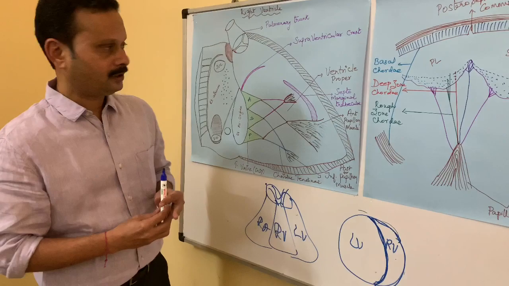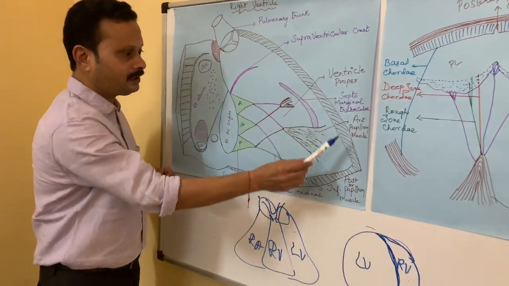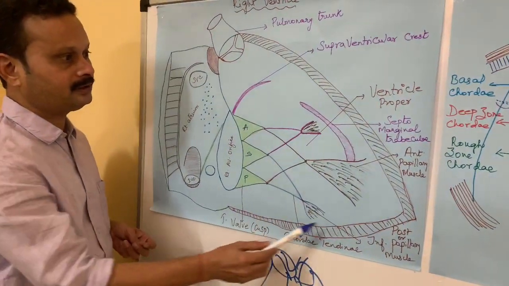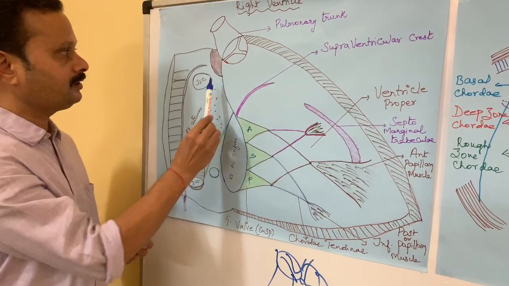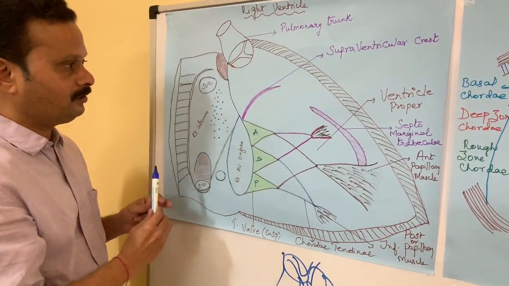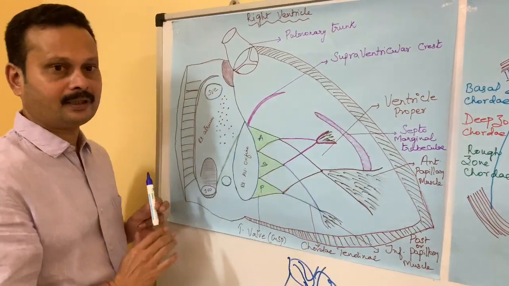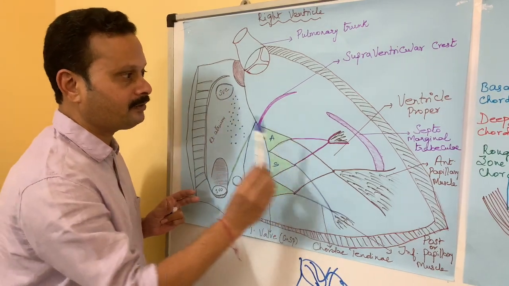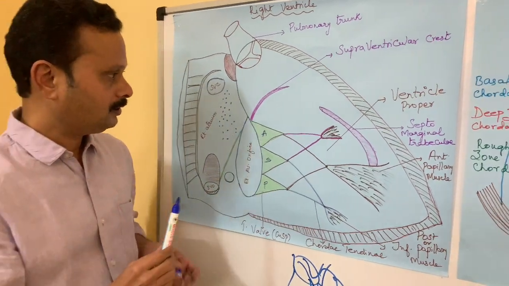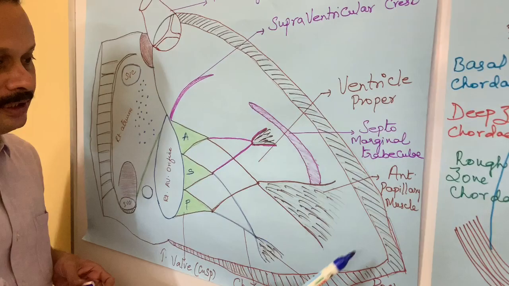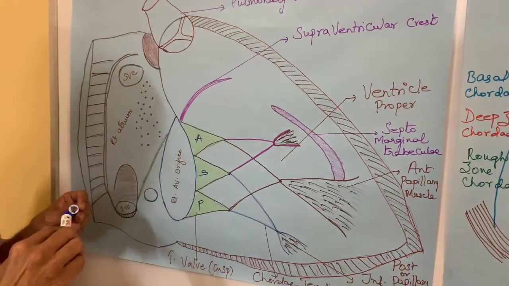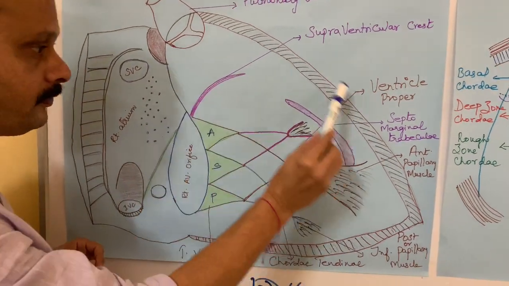Coming to the interior, now our topic is the interior of the right ventricle. This is the right ventricle and this is the right atrium. We have cut open the cavities of the right atrium and the right ventricle.